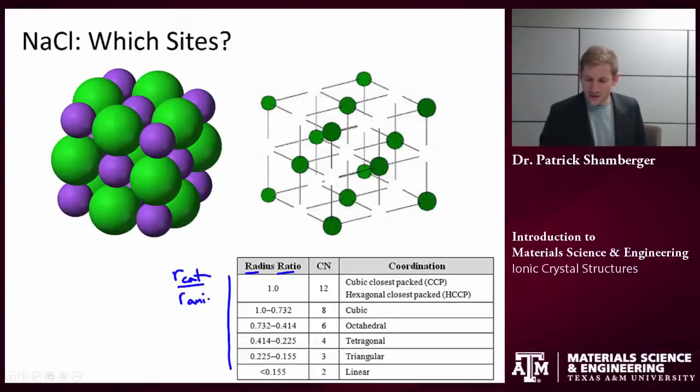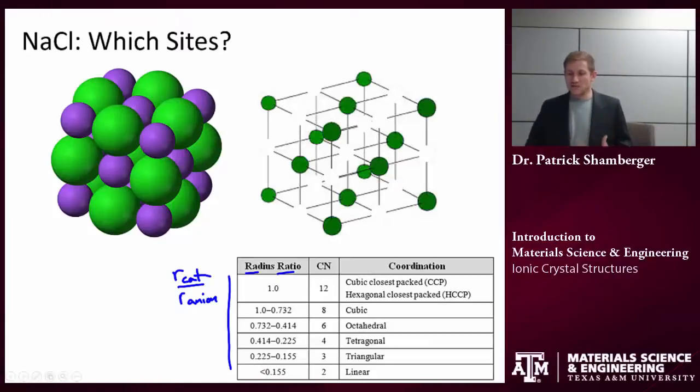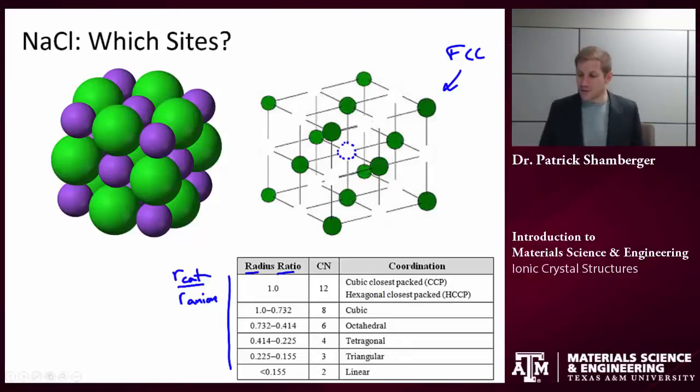And we can do this because we know that if we have an anion lattice, so for example, an FCC lattice, the available size of the different sites, so for example, there's an octahedral site right in the middle of the FCC lattice, I can calculate the size of that interstitial position as a function of the anion radius.